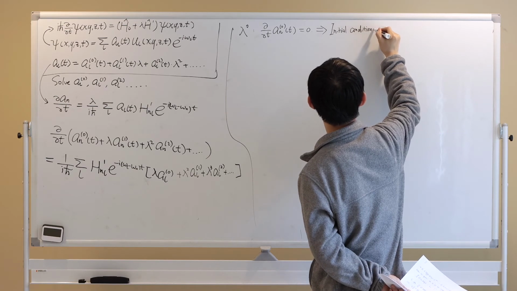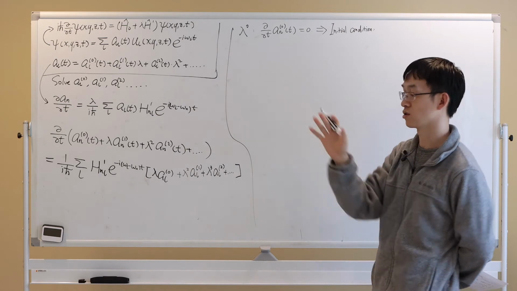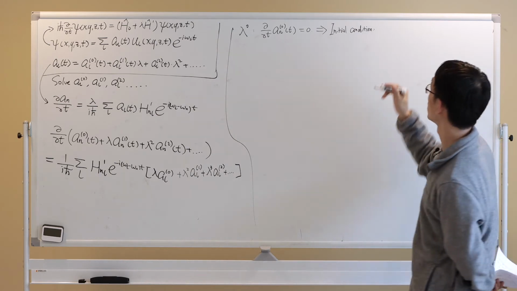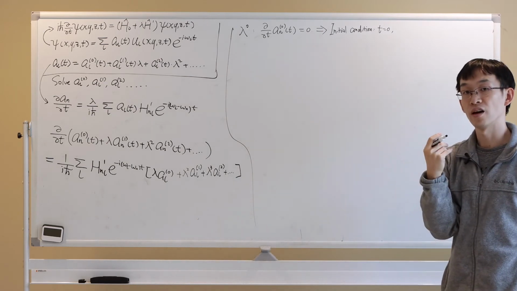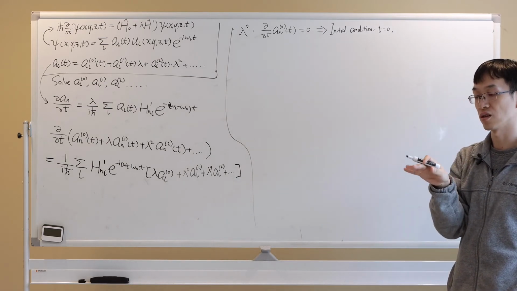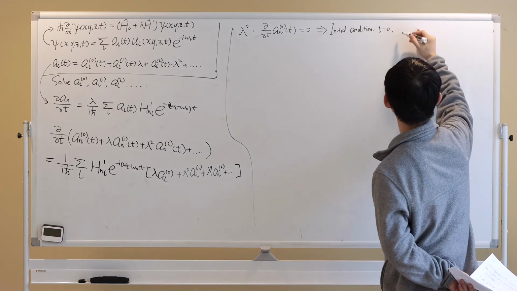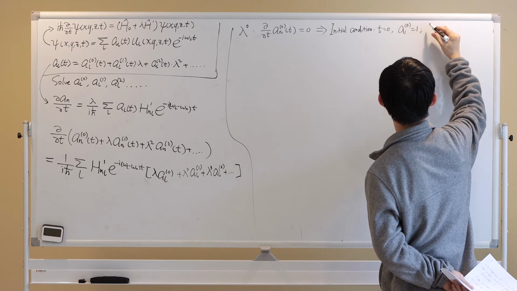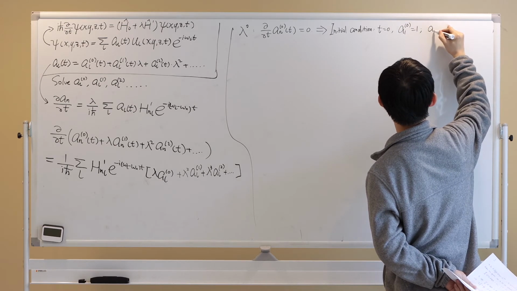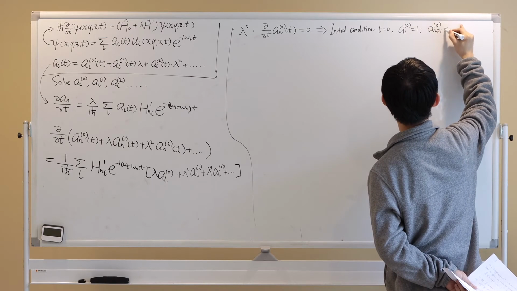And then we use the initial condition, when there's no light coming in at t equals 0, all the electrons are in the ground state. This is just a natural assumption. So A_1 zero order goes to 1 and A_n zero order for n not equal to 1 goes to 0.